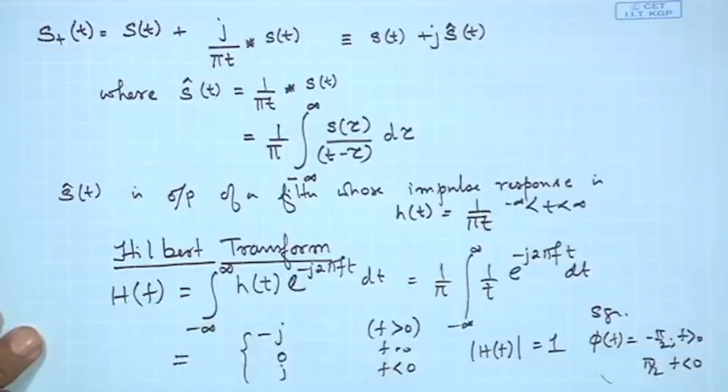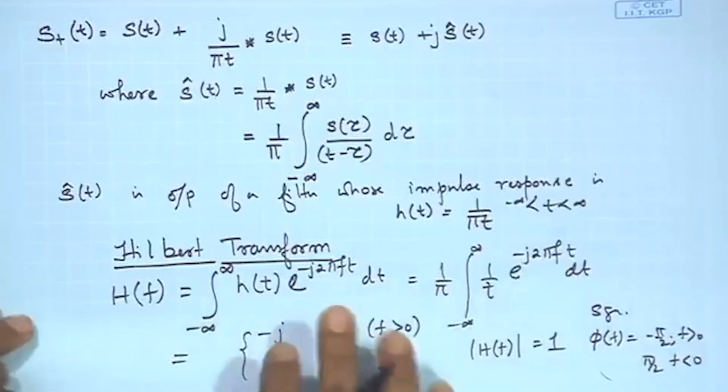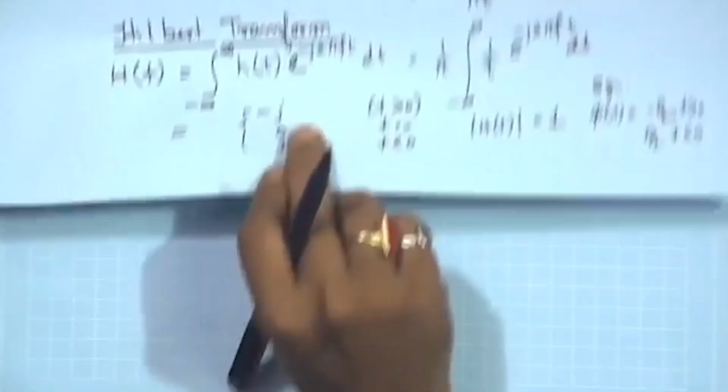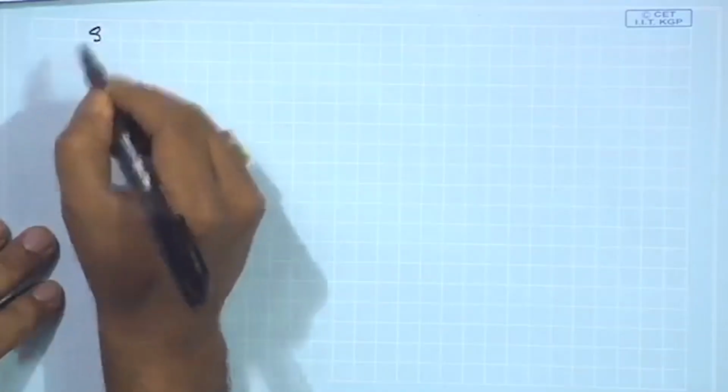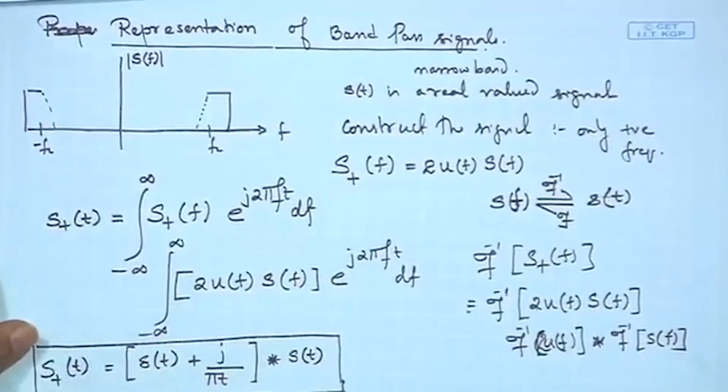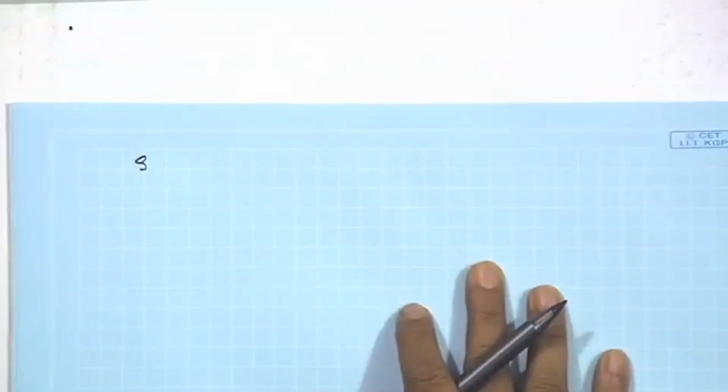So, this is the relationship that would help us. If we have this, we can move forward, and we are interested in the last expression that we have here, s plus of t. So, we would be interested in writing this particular expression.